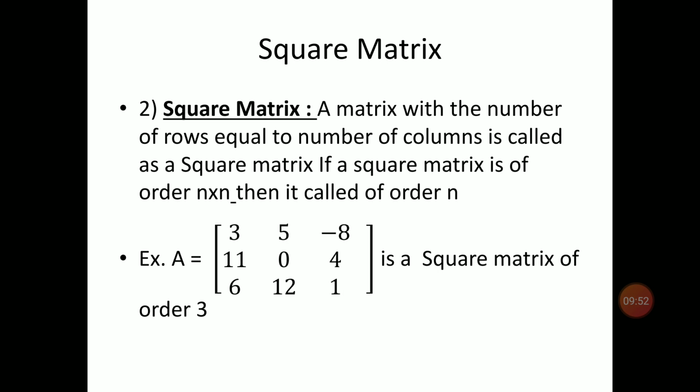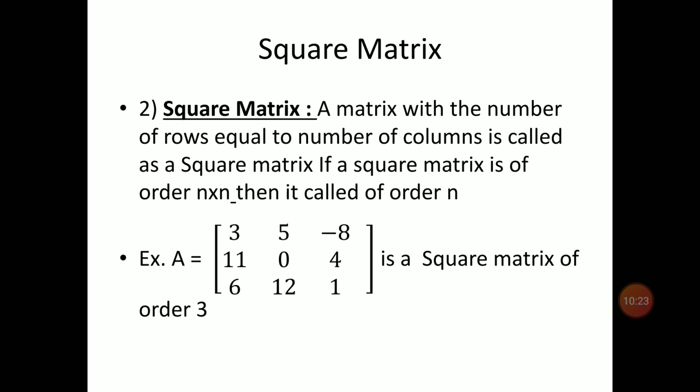Then the square matrix, this is the important part. We will be using this square matrix for many other purposes also. So what is a square matrix? A matrix with the number of rows equal to the number of columns is called a square matrix. Here we have seen many examples where the number of rows may not be equal to the number of columns.